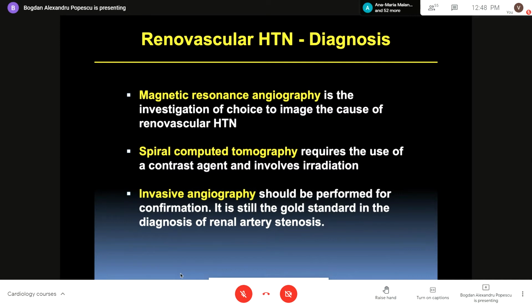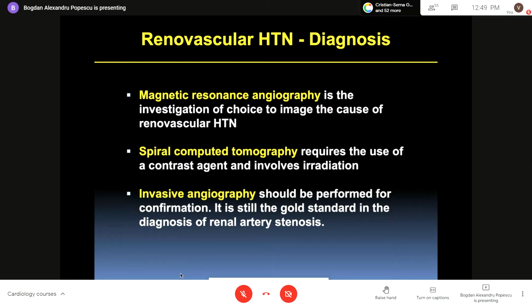So usually if you have a less toxic, so to say less problematic alternative, you will use that one first. And finally, invasive angiography, as I've already told you, should be performed to confirm a diagnosis that is put on non-invasive imaging.